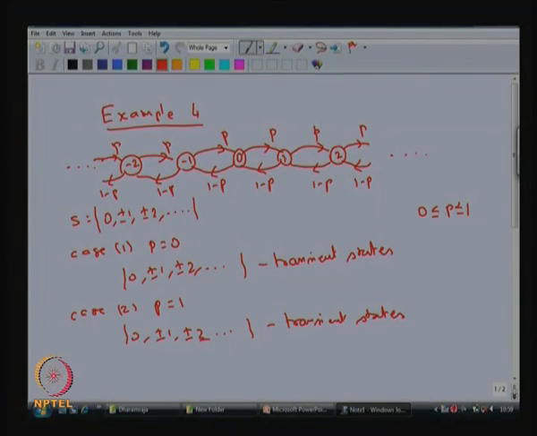Suppose you visualize state 1: it can come back to the same state 1 not in an odd number of steps, but in an even number of steps. Suppose the system moves to state 0 in the first step, then in the second step it can come back to state 1. Similarly, suppose the system had moved from 1 to 2, then in the second step it would come back to state 1. Therefore, in 2 steps it can come back either via going to state 0 or going to state 2.